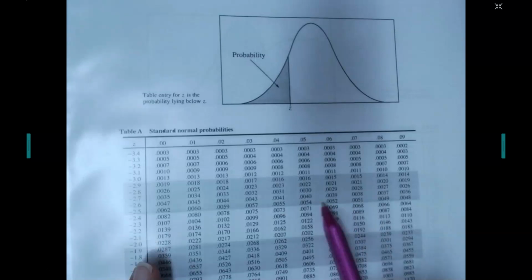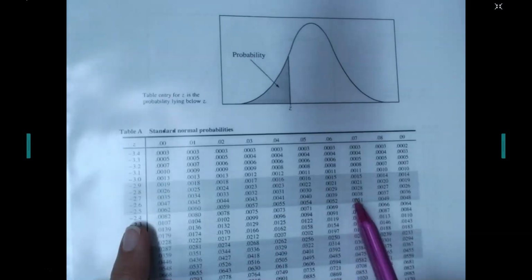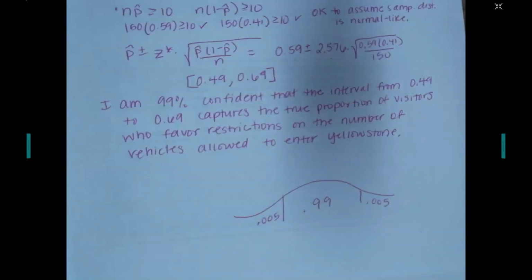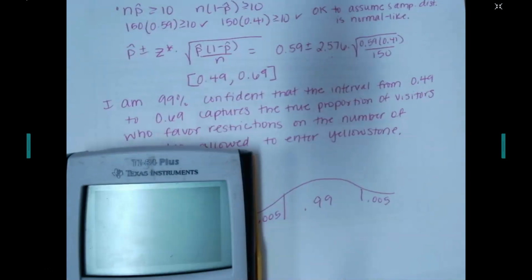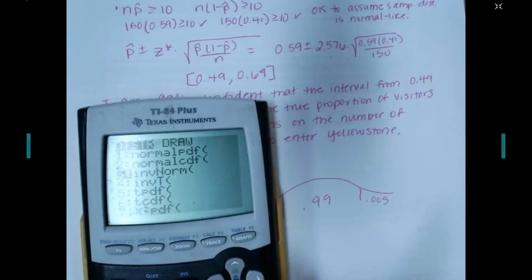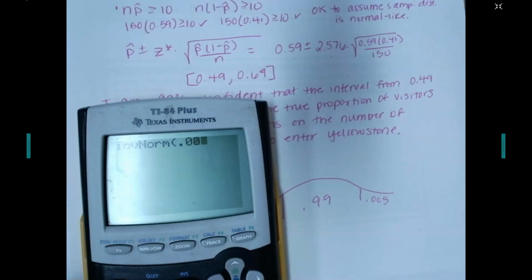So that's negative 2.57 or 8, okay? Or I could do inverse norm, so second vars, inverse norm, area to the left, so 0.005. Mean is 0, standard deviation is 1.